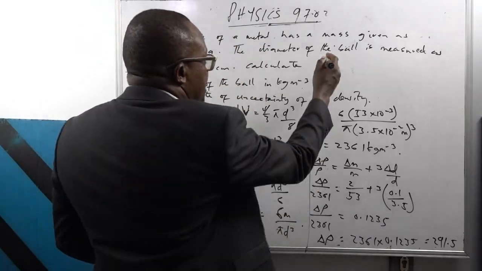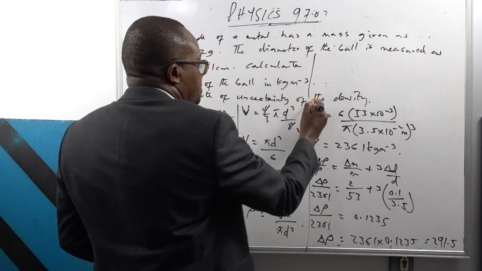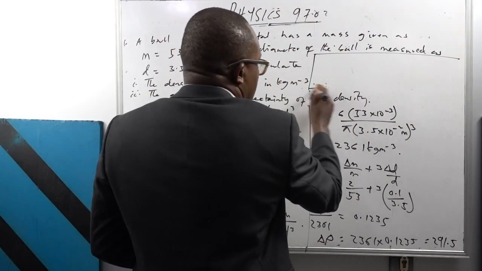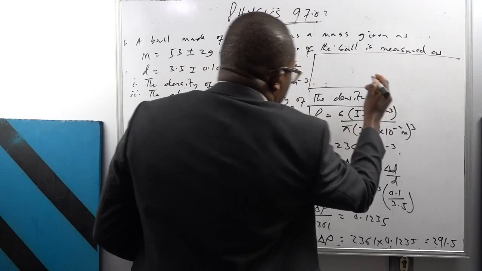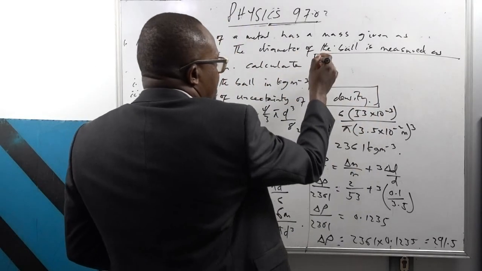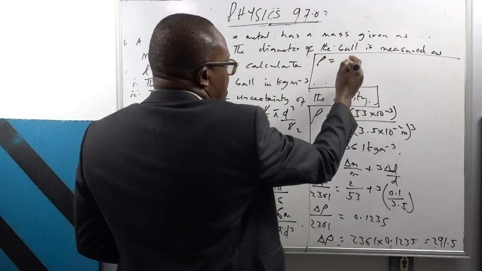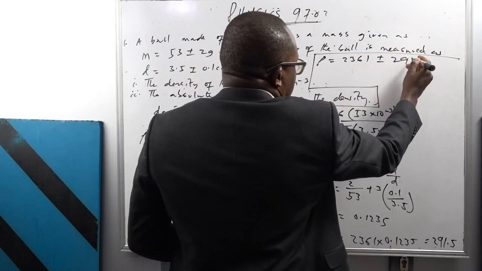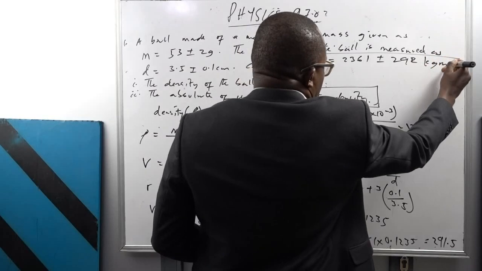So the density will therefore become what? The density can therefore be given as 2361 plus or minus 292 kilograms per meter cube.